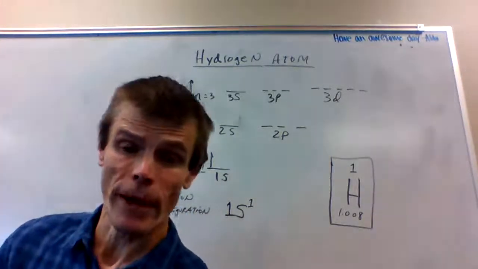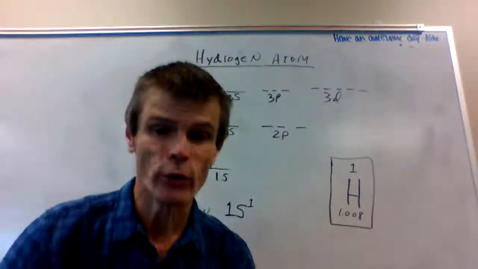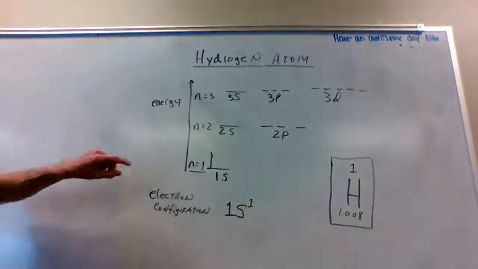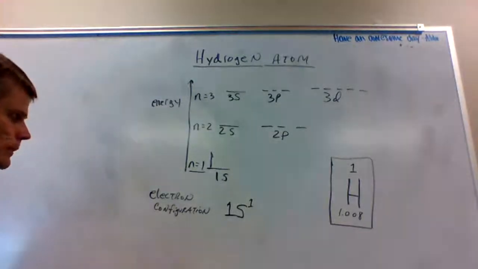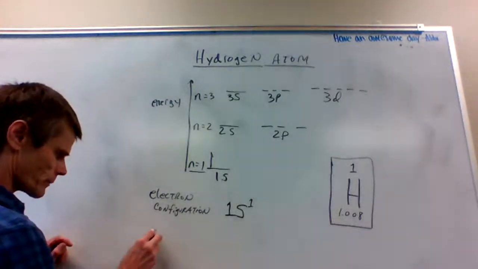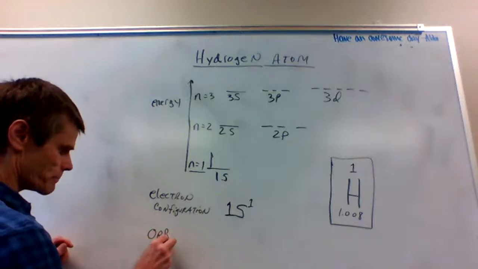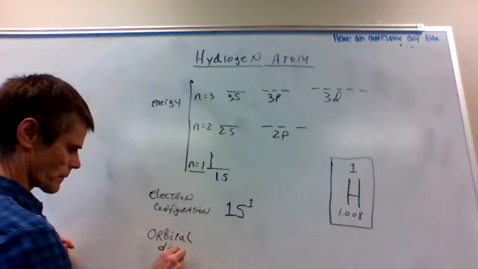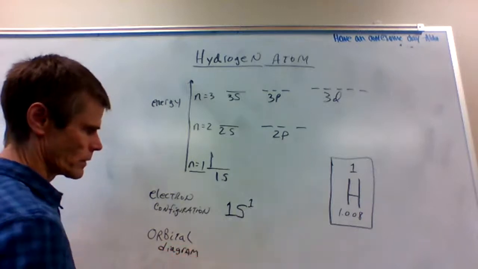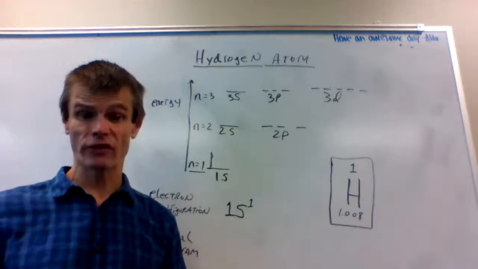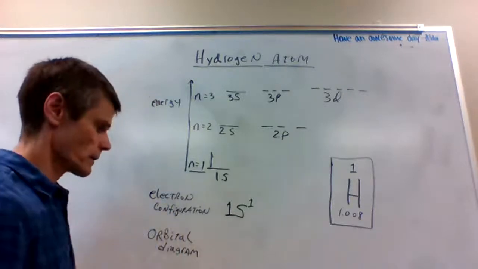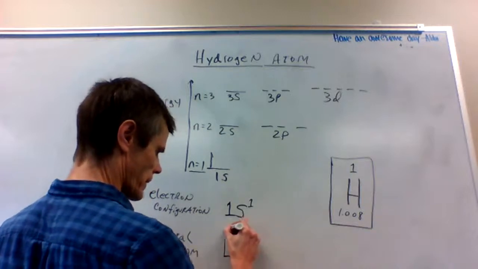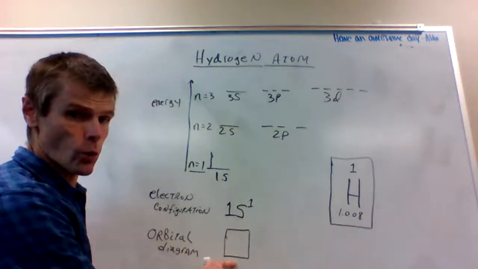We can give more information about how we could represent the electron, and that's in the orbital diagram. The orbital diagram is very similar to what we drew in our energy level diagram here. Oftentimes we might use a box, sometimes we use a single line. Whichever way you prefer is fine. The orbital diagram represents the single orbital.